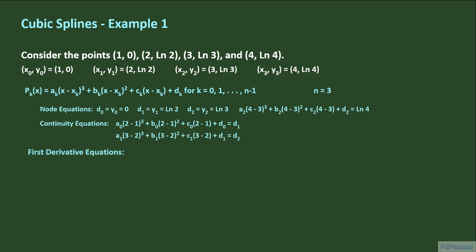The next set of equations that we derive are the first derivative equations at the shared nodes. The general equation is p sub k prime at x sub k plus 1 equals p sub k plus 1 prime at x sub k plus 1 for k equals 0 through n minus 2. So we will need p sub k prime.